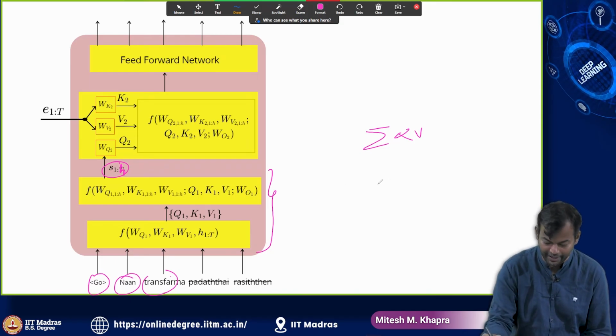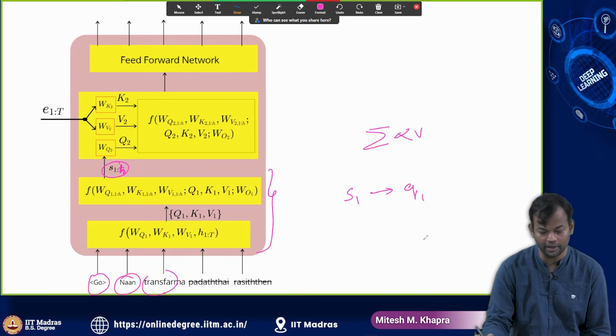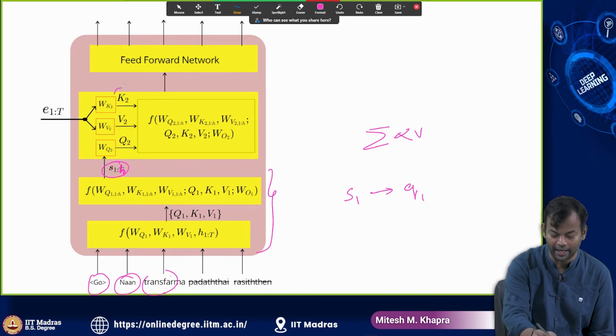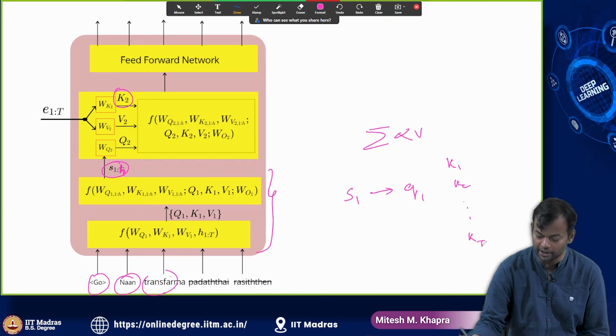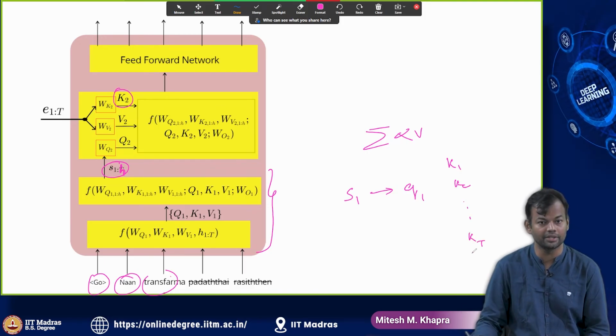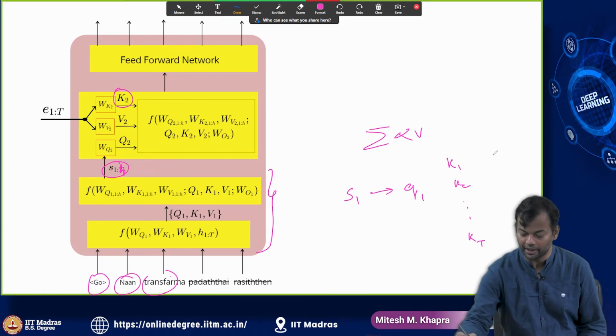So now you want to take S1 as the input, you want to generate a Q1 from that, okay? Then using Q1 and these K1, K2 up to K capital T, where capital T was the number of tokens in the encoder, you will compute the corresponding alphas.